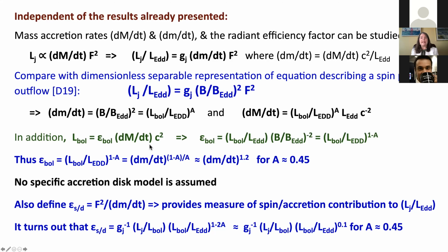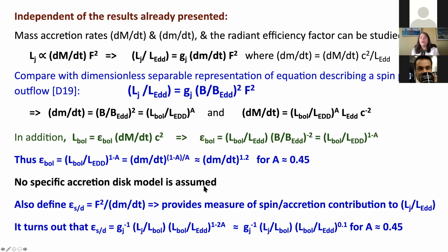So using this standard definition between the bolometric luminosity of the disk, the efficiency factor, and the mass accretion rate, we simply put that in over here and find that the bolometric efficiency factor of the disk for the types of sources studied here is L bol over L ed to the 1 minus A. Typical values of A of around 0.45 would give epsilon bol going like dMdt to about the 1.2 power.